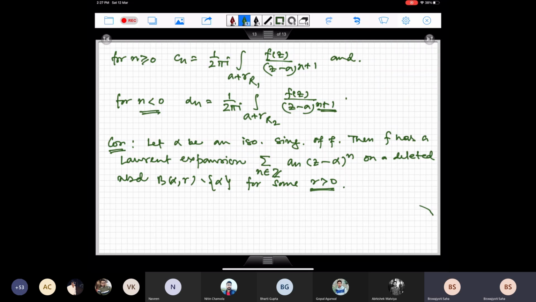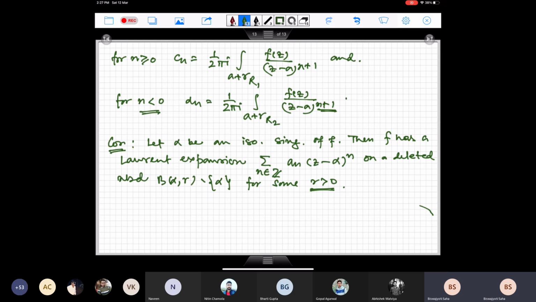Because if I have an isolated singularity, then by definition I have a deleted neighborhood where the function is holomorphic, and once the function is holomorphic in a deleted neighborhood, we know a deleted neighborhood can be treated as an annulus. I have told you already, rho 2 is equal to 0 and rho 1 is equal to r, let's say. Then in that deleted neighborhood, I will get a Laurent expansion.